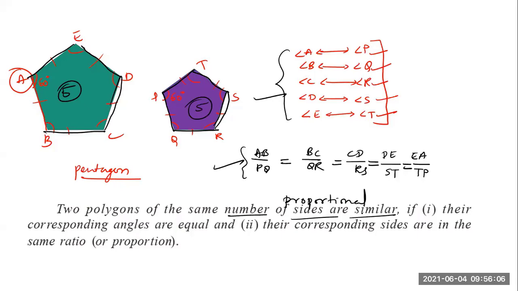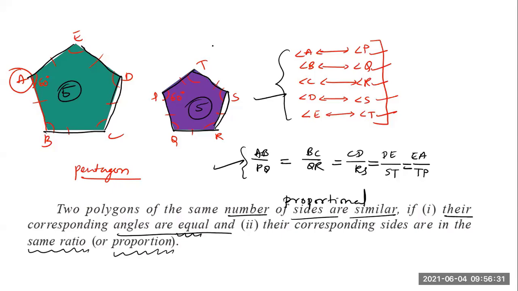If two polygons of the same number of sides are similar, then their corresponding angles are equal and their corresponding sides are in the same ratio, or they should be proportional.